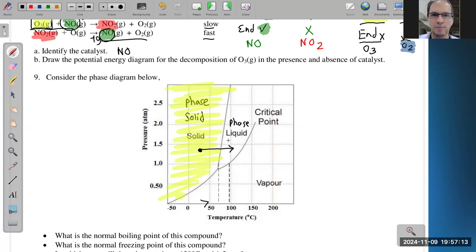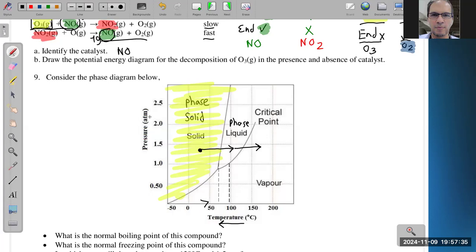If the temperature increased a little bit more, you will move from the liquid to the vapor or the gas. Also, if you are a gas and you decrease the temperature, the x-axis goes from the right to the left, you change to the liquid and then into the solid.